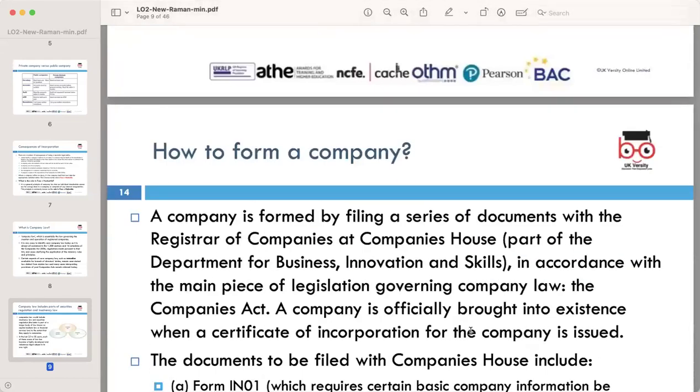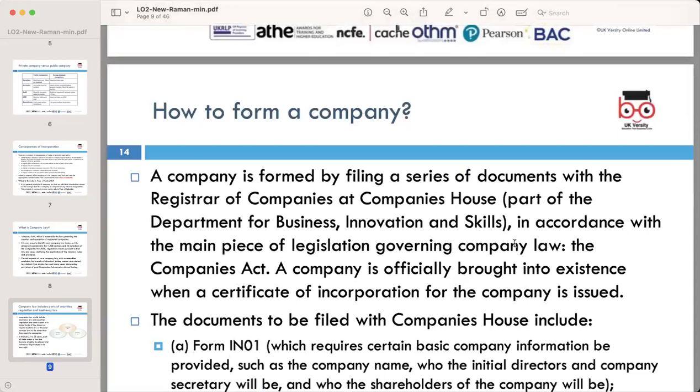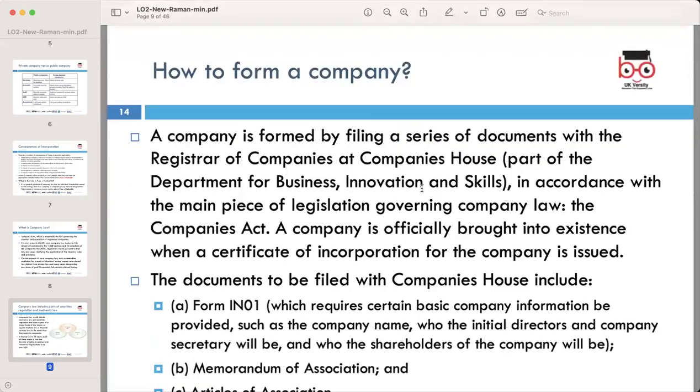A company is formed by filing a series of documents with the registrar of companies at Companies House, part of the Department for Business Innovation and Skills.